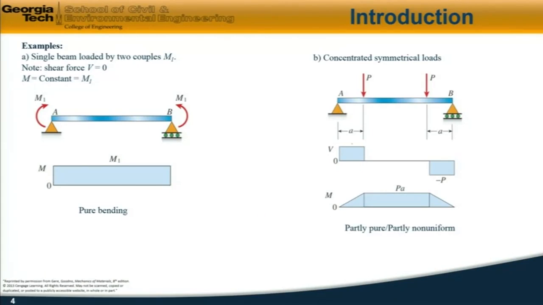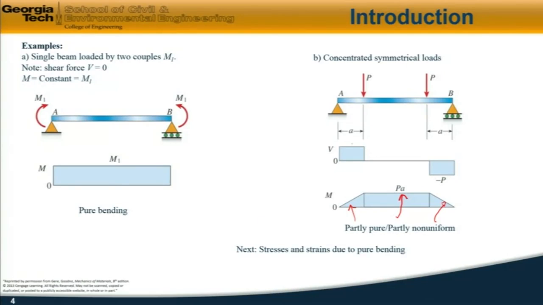So for this beam, we have a mixture of partly pure and partly non-uniform bending. In the central region here, where the bending moment is constant, we have pure bending, and at the ends here, where the bending moment is non-uniform, we have non-uniform bending. So it's a mixture of the two.